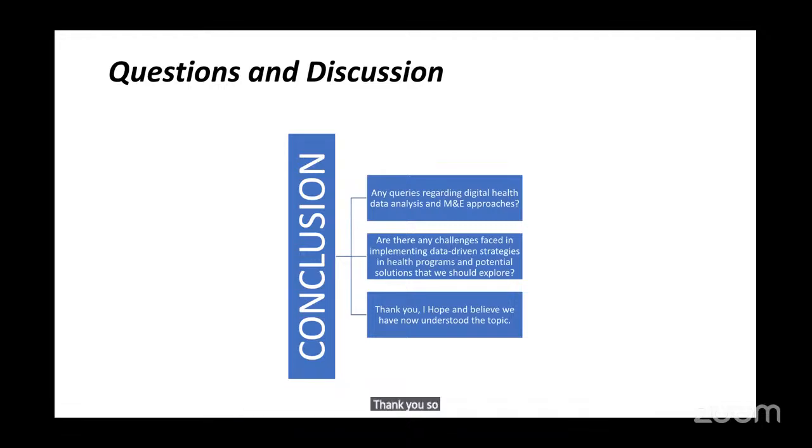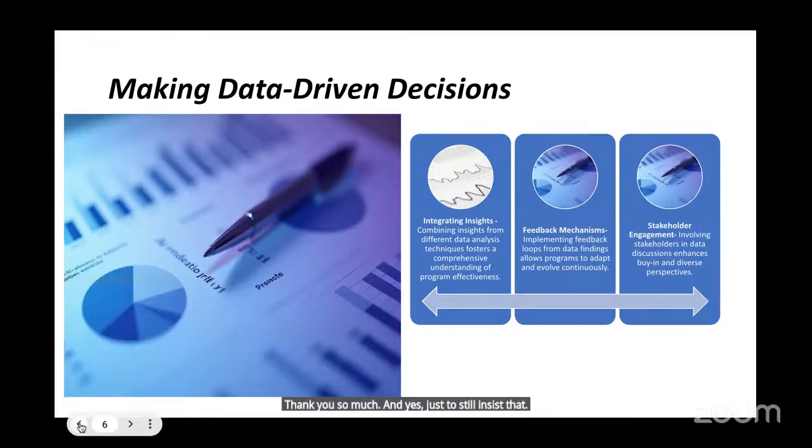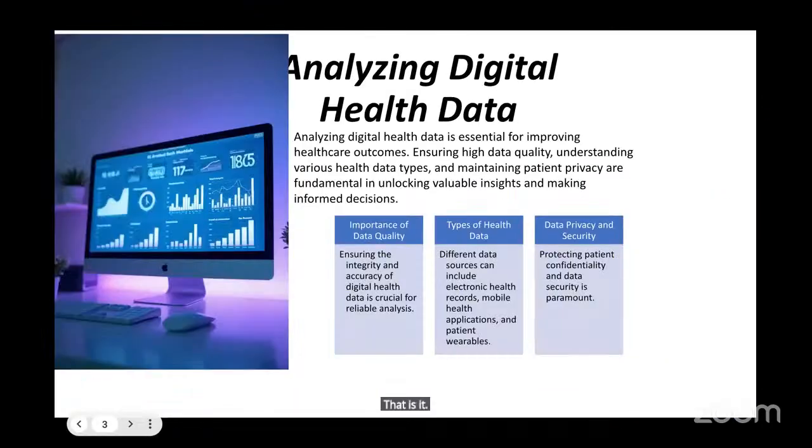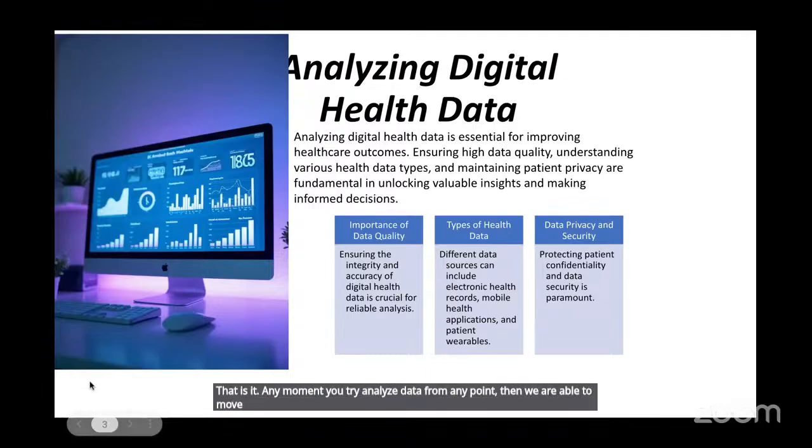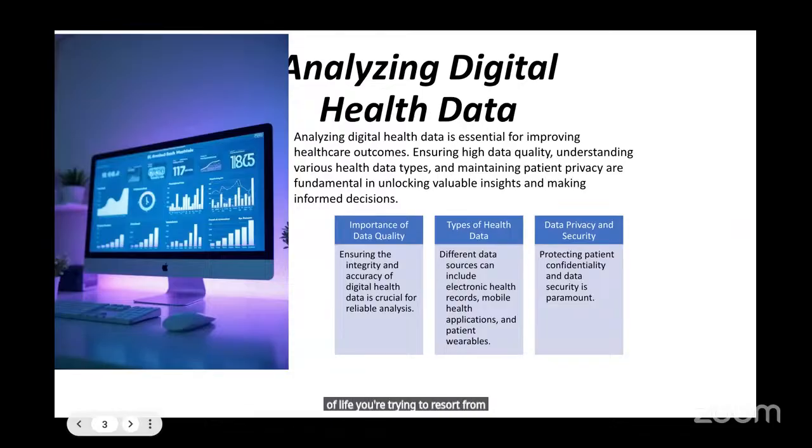Thank you so much. And yes, just to insist that data is it. Any moment you try to analyze data from any point, then we are able to move forward in whatever point of life you're trying to reason from, specifically from the health sector.